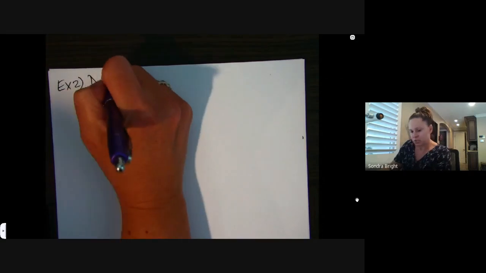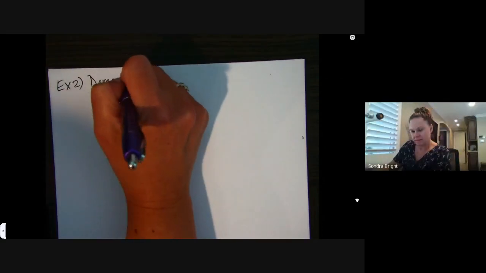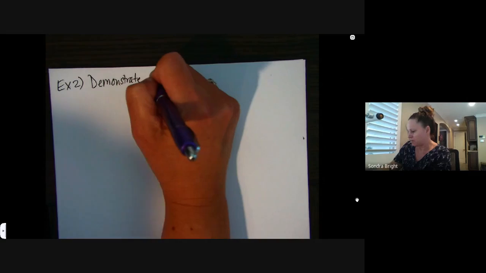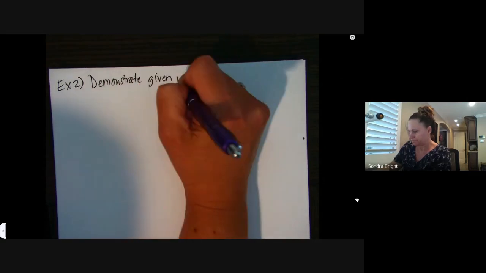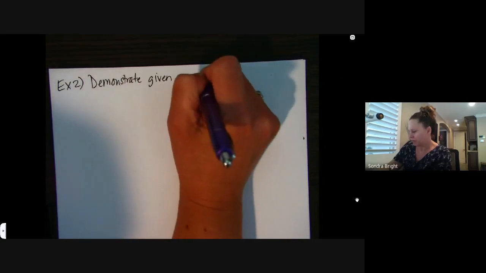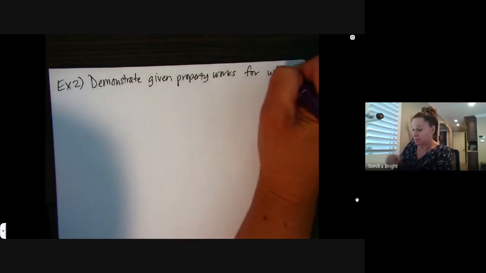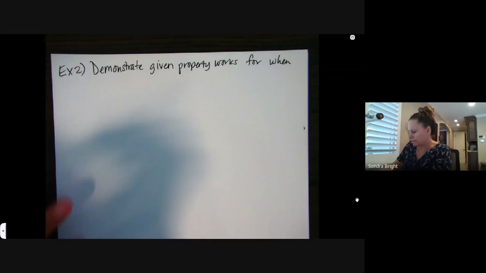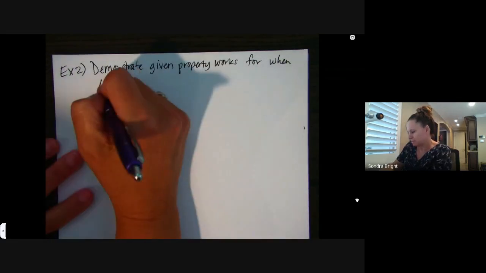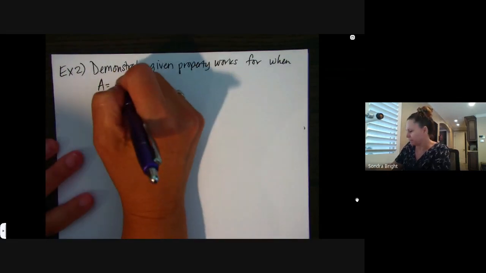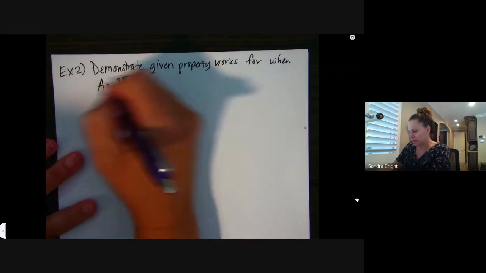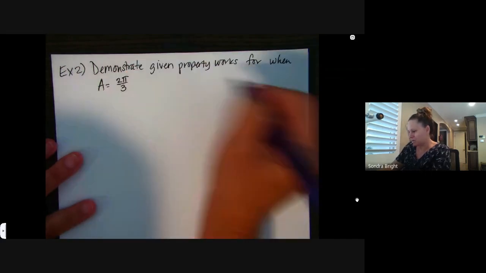I'm going to demonstrate the given property works, so obviously this is not a proof that it's true, but we can just show it for when A is 2 pi over 3 and B is pi over 6.